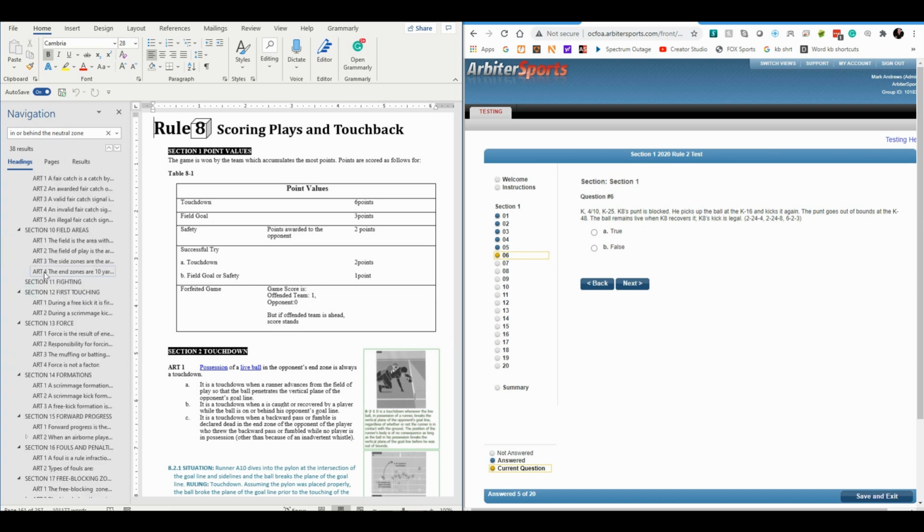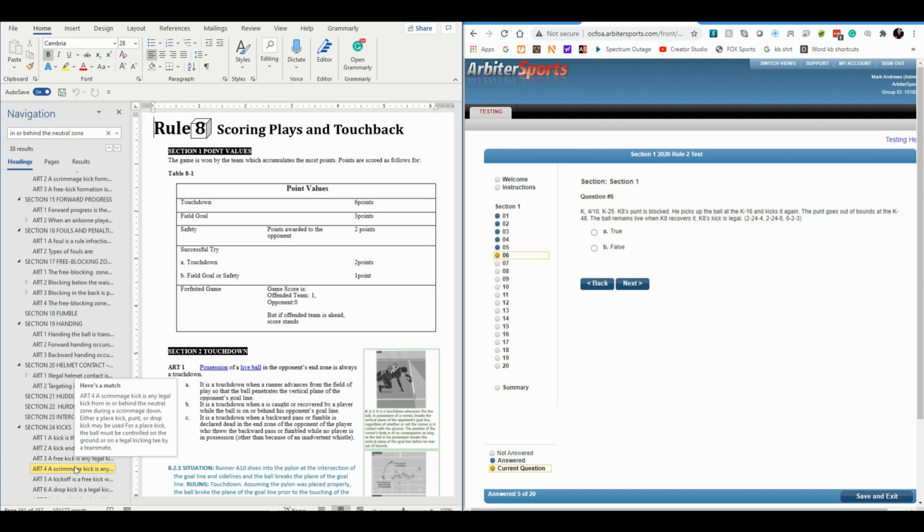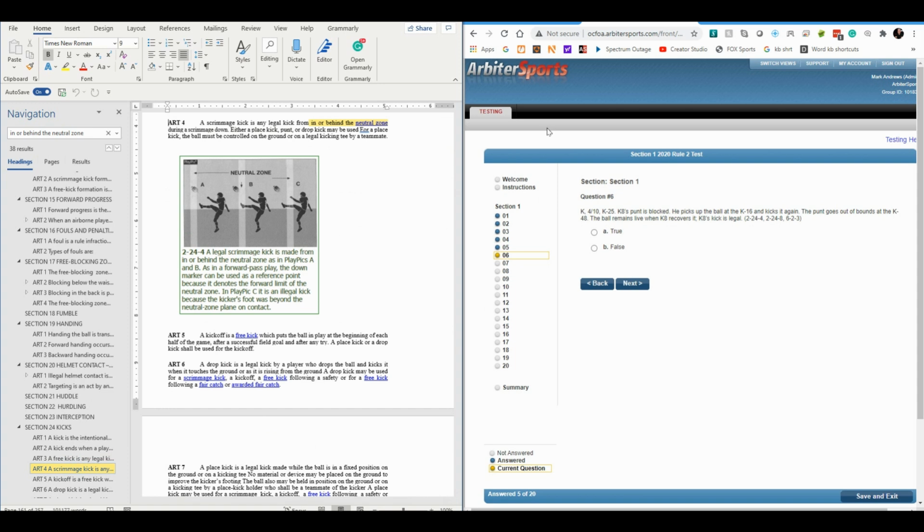Okay, so now I'm going to go to Rule 2 and Section 24 down here and number 4. Okay, I was looking for this rule before I saw the rule reference. Anyway, a scrimmage kick is any legal kick from in or behind the neutral zone during a scrimmage down. Either a place kick, punt, or drop kick may be used.